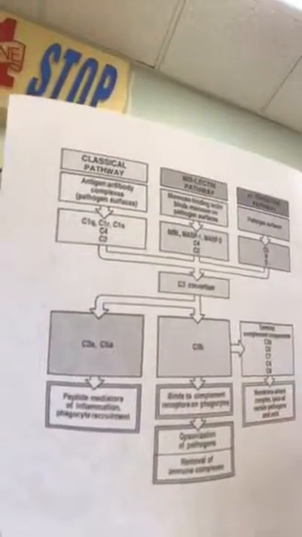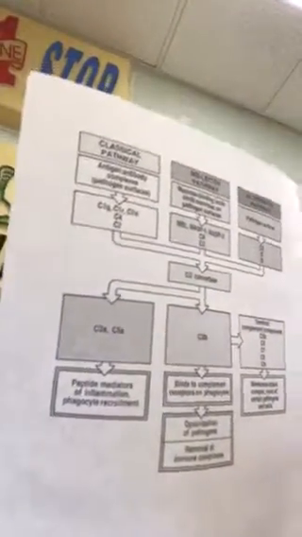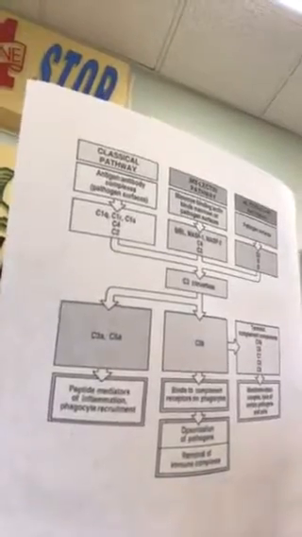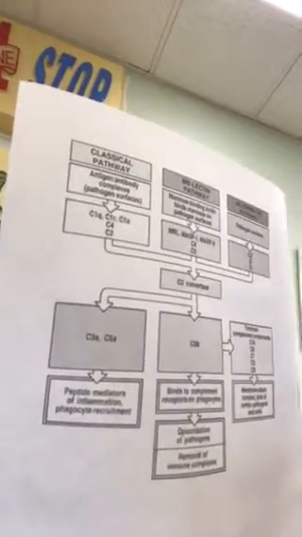And then C3a and C5a are the peptide mediators of inflammation. Phagocyte recruitment happens here. So that's a good little gist of those three pathways. I explained it the best way I know how. So we have the classical, MB-lectin, and alternative pathways as the three cascades of the complement system.